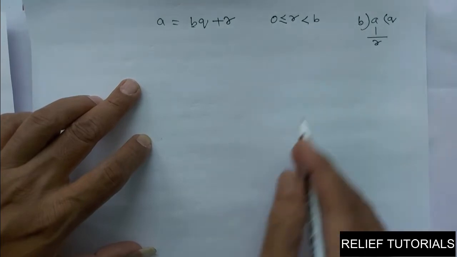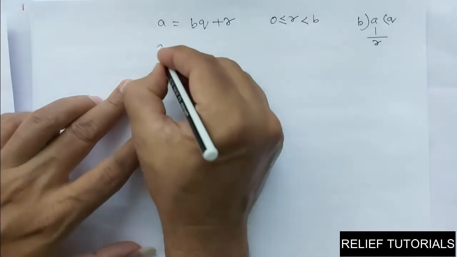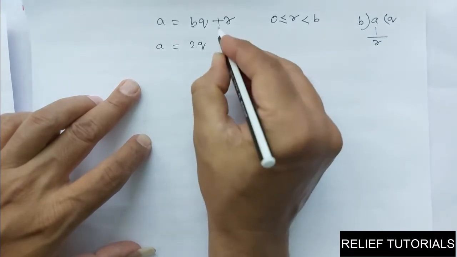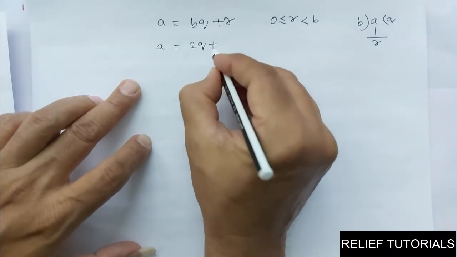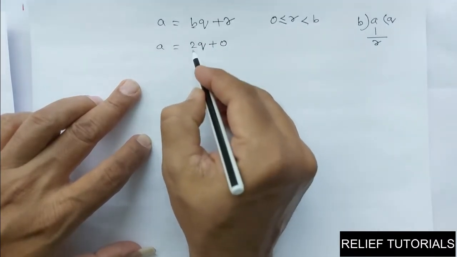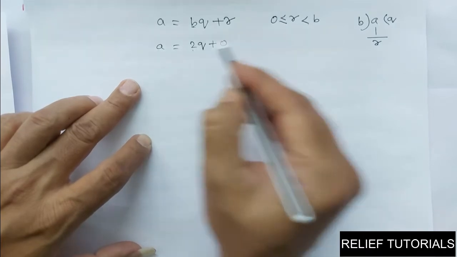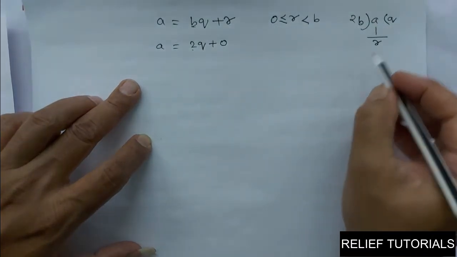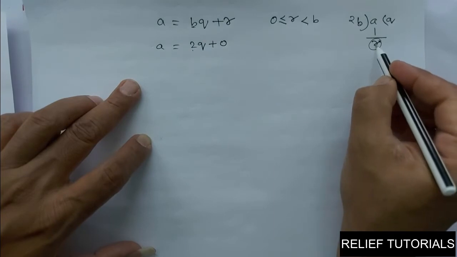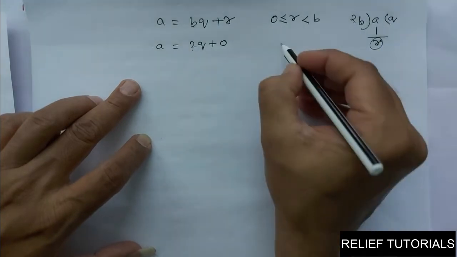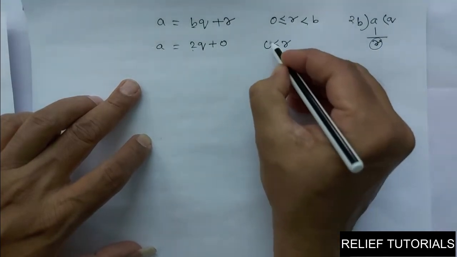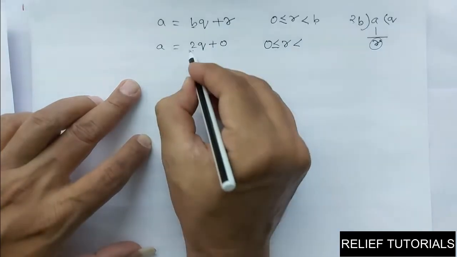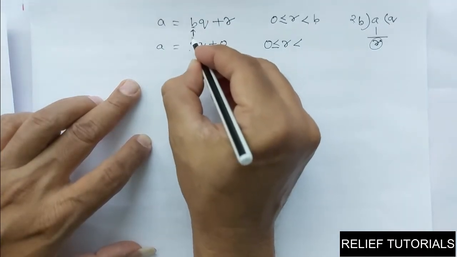I have explained you. Now if I say here a is equals to 2q plus 0, so here b is equals to 2. So this remainder r will be greater than or equal to 0 but less than 2. So I can say r is greater than or equal to 0 and less than b.